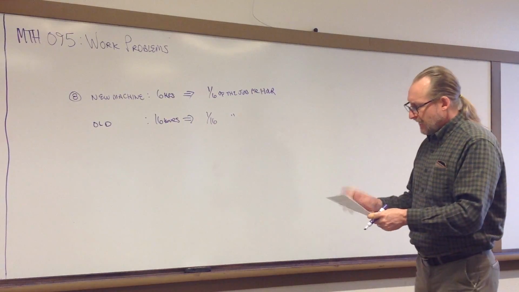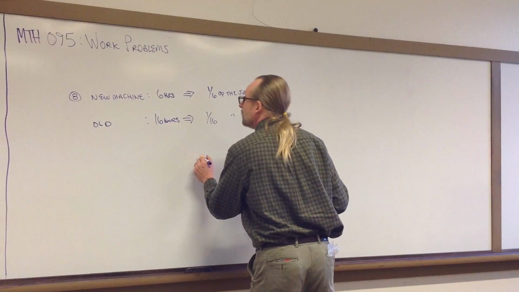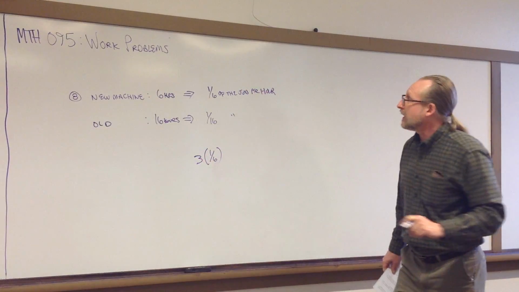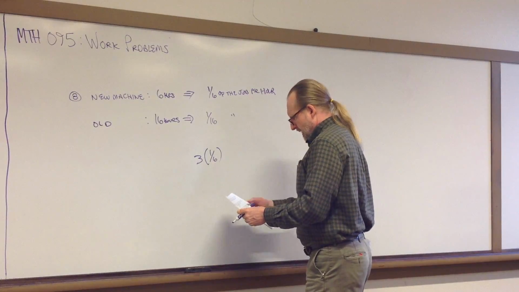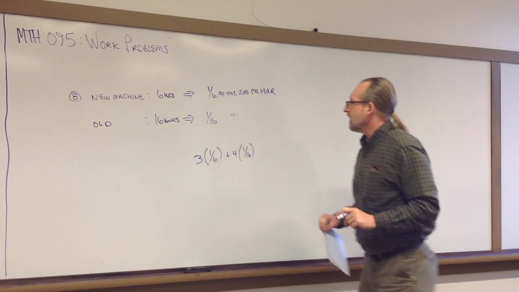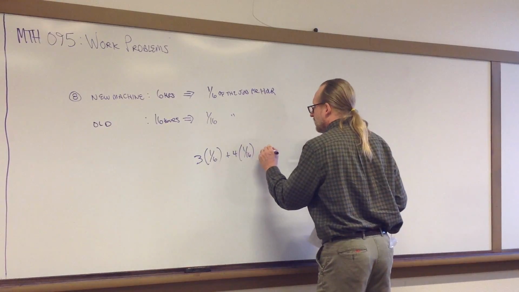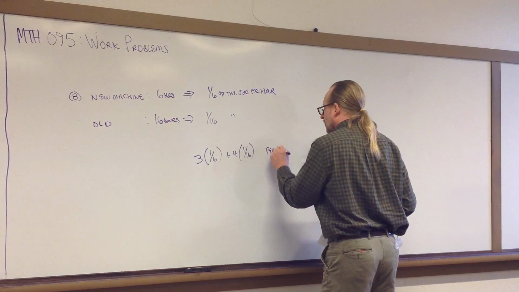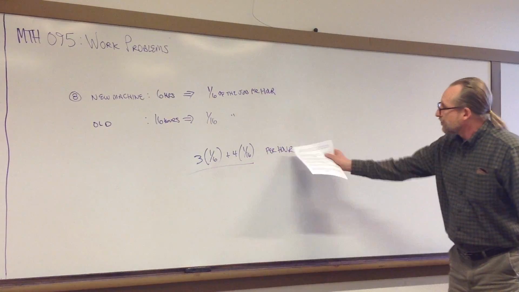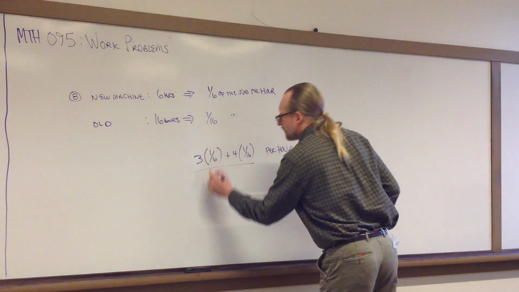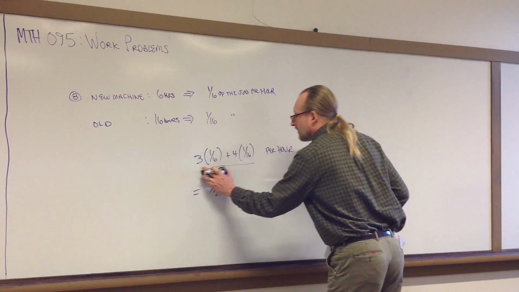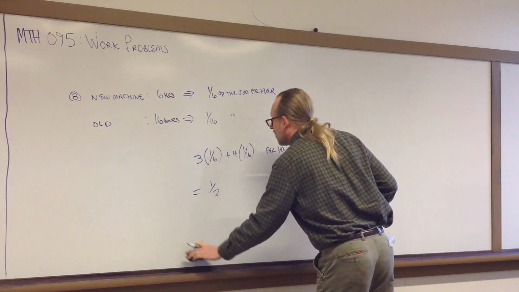Okay, now we're going to have 3 new machines, each doing 1/6 of the job per hour, and 4 old machines, each completing 1/16 of the job per hour. And so all those machines working together will complete this much of the job per hour. So this is 3/6, which is a half. Let's erase that so it doesn't look like divided by.